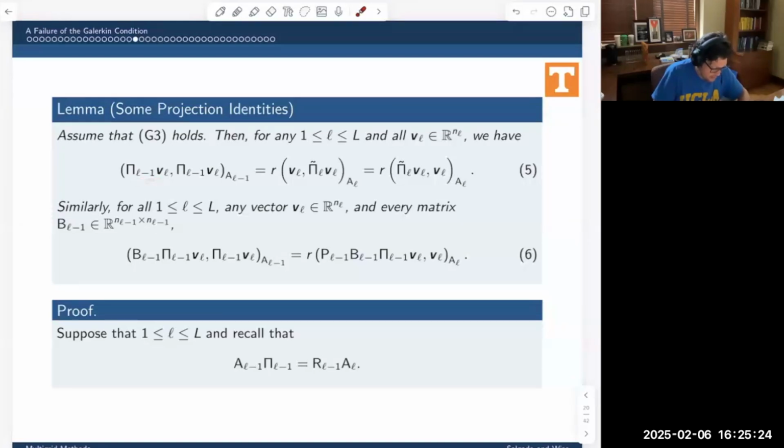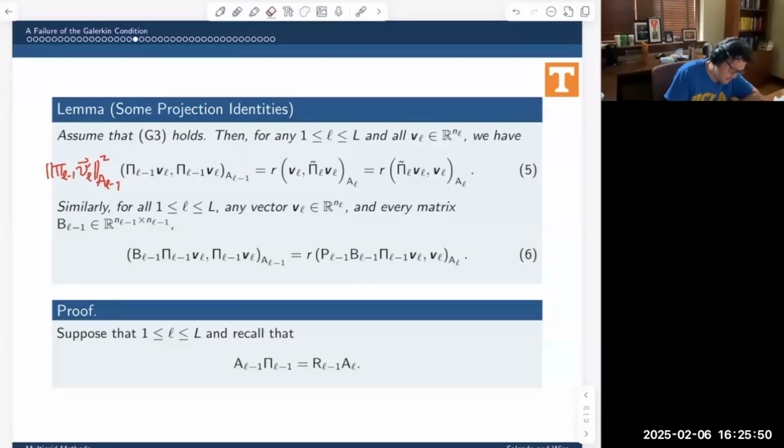pi L minus 1 VL, in the AL minus 1 norm, is a norm squared. I could have replaced this by pi L minus 1 VL in the AL minus 1 norm squared, so that's the same thing.